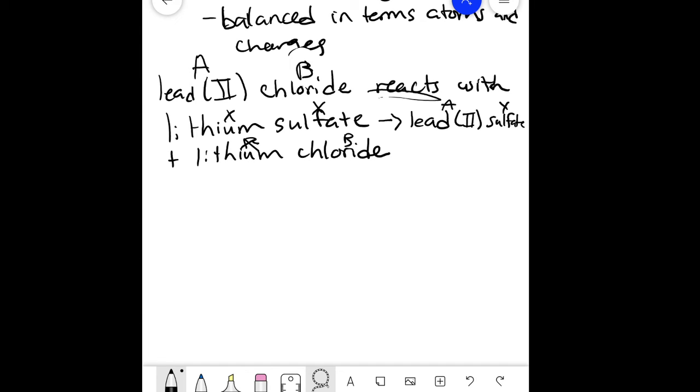Okay, so let's write the molecular. So you have lead 2 chloride. So that's where that subscript comes, because just like last chapter, you have to write 2 chlorides, because chloride only has a charge of -1 to get the 2 pluses.